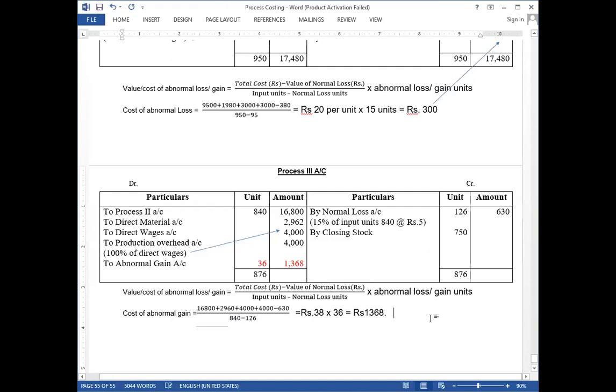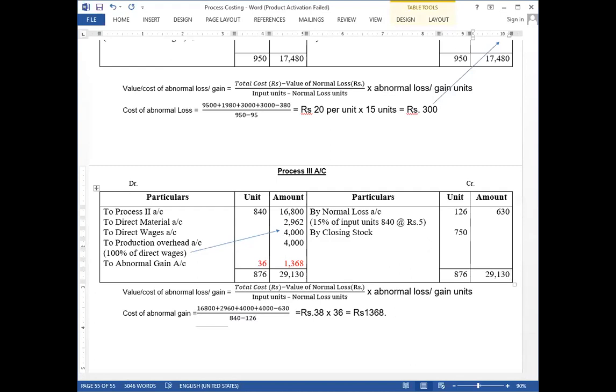So now the value of the balancing figure: first you take the total of this side and write the total on the other side, 29,130. Write the same on this side also, 29,130, and write the balancing figure, that is 28,500. This is nothing but the cost of the closing stock.